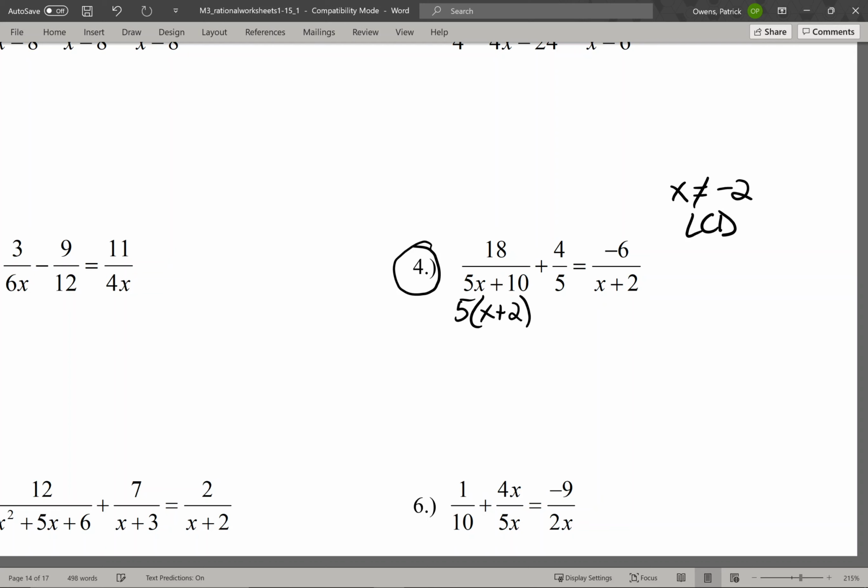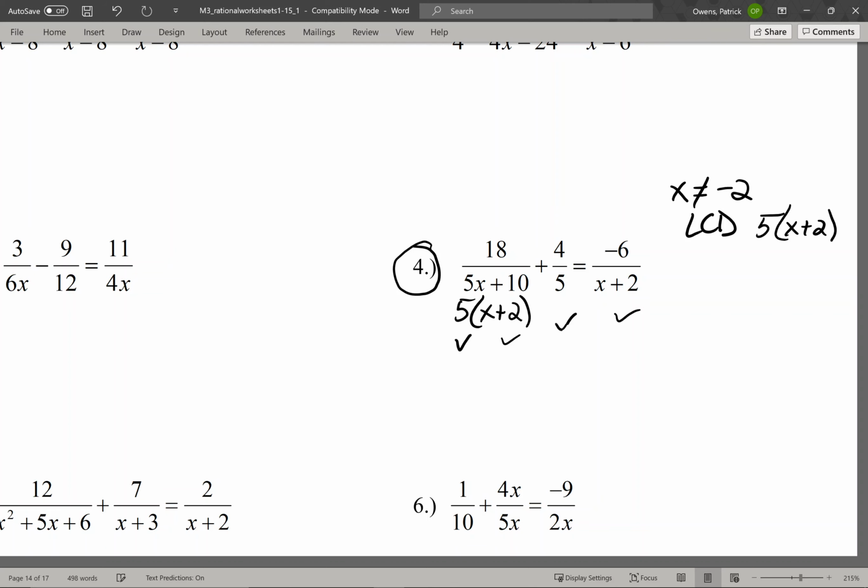And let's look at all of the different pieces of this, where we have a 5 as a factor in denominators, so that needs to be a factor in your least common denominator. It's not going to be 25 because we do not need to count it twice. Then we have x plus 2, which we need, but we only need it once.